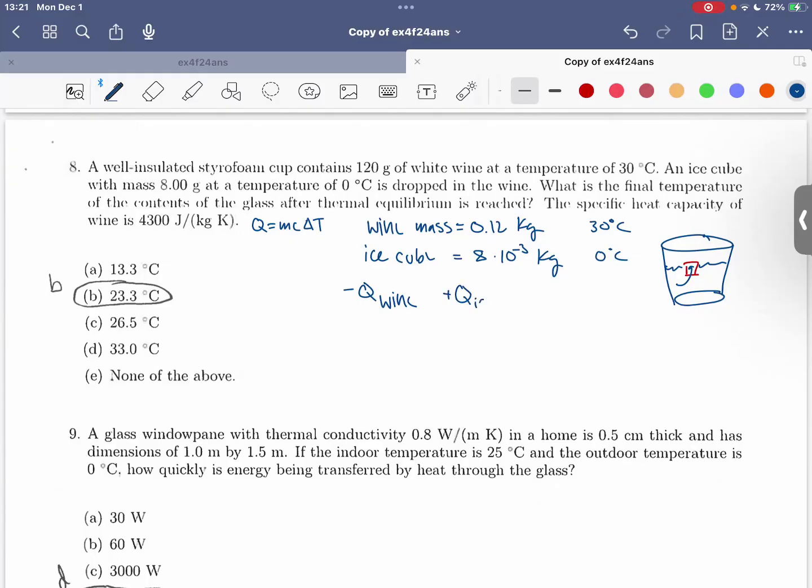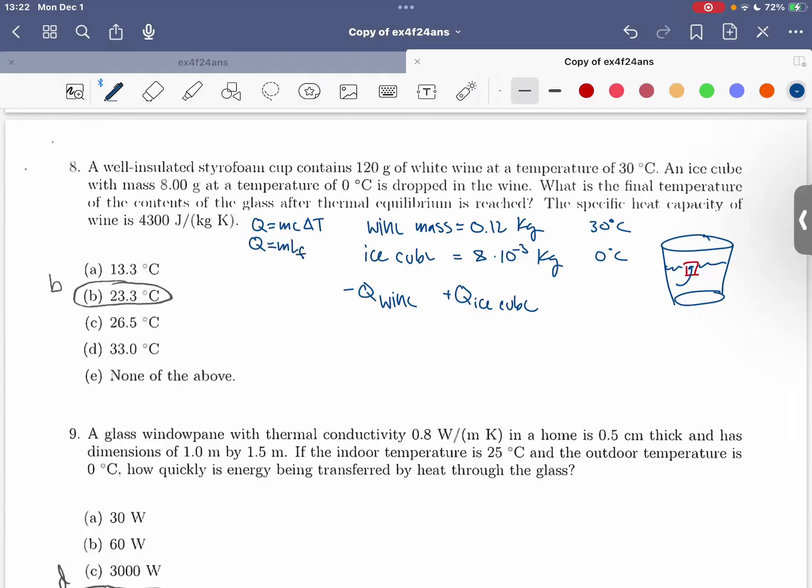So Q ice cube. That should make intuitive sense, right? If you're melting something, you need energy to melt it, and it has to come from somewhere. It's coming from the wine, obviously. And so when we set up our equation, we also have this one, Q equals MLF, for the ice cube.